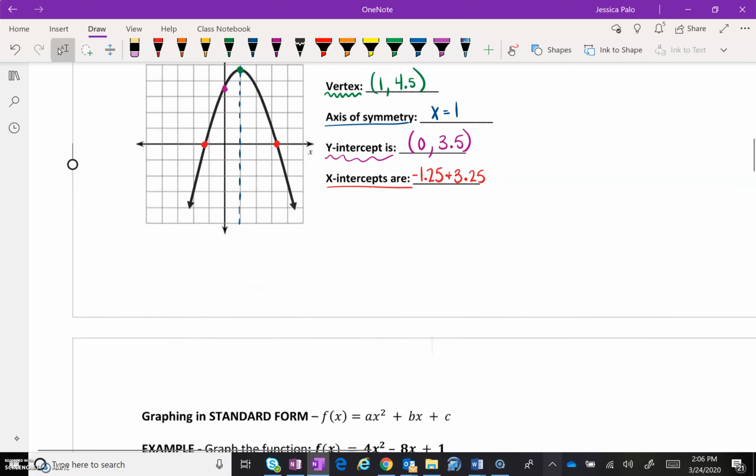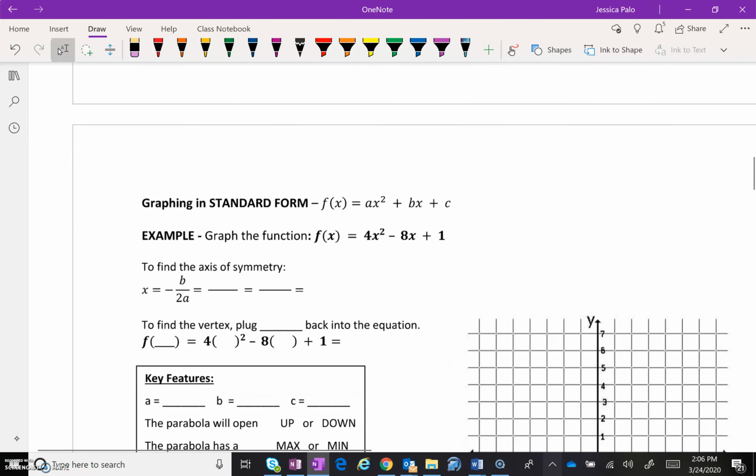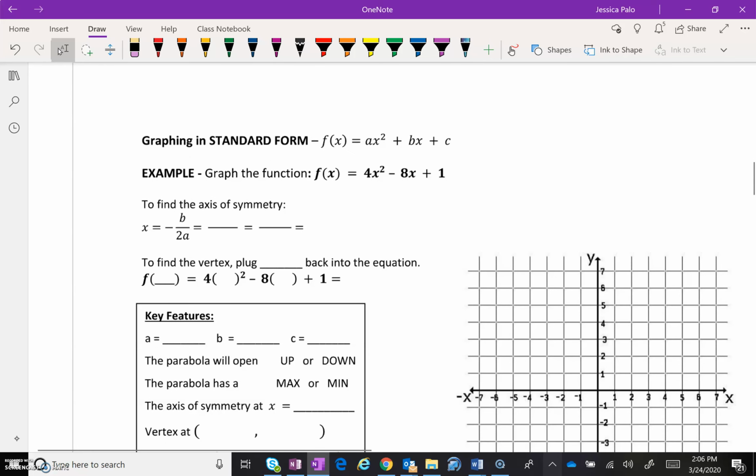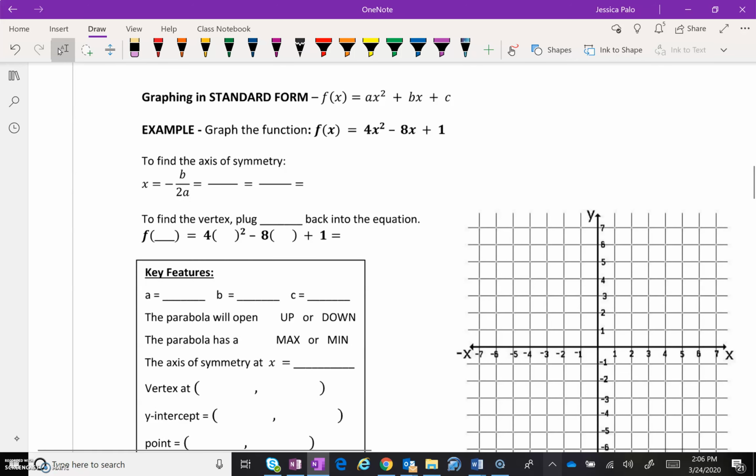All right, moving on. Graphing in standard form. So we are going to graph the function 4x squared minus 8x plus 1. The first thing we need to do is find the axis of symmetry, which is the x-coordinate of the vertex. So we plug in negative b, which would be negative 8, over 2 times 4, which gives us a positive 8 over a positive 8, which gives us an axis of symmetry of 1.